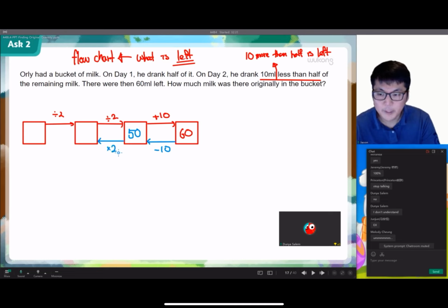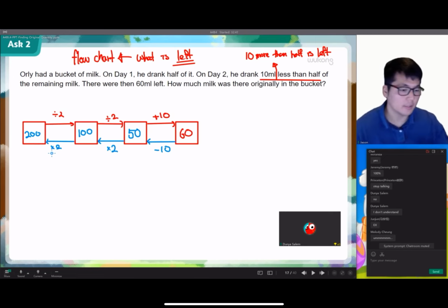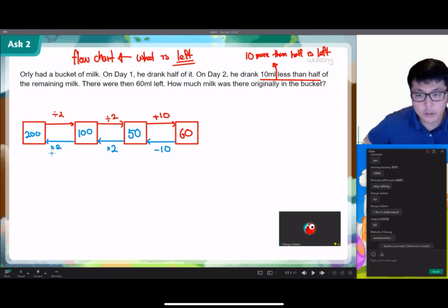Times 2. Yes. What's 50 times 2? 100. Good. Because dividing by 2 has the opposite of times 2, right? 200. Yes. So your answer is 200. That's how you do this question using the flowchart.